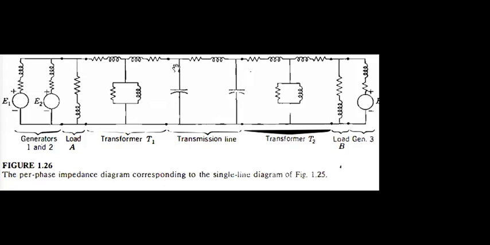So this is the transmission line, and regarding the transmission line, the resistance and inductances are in series and capacitance is in the shunt branch.